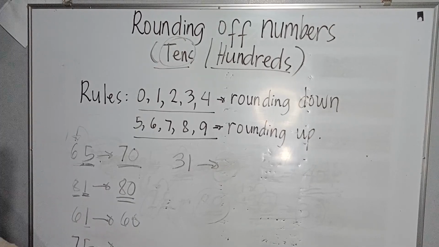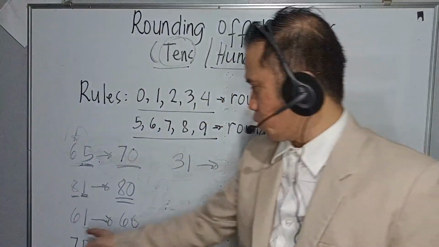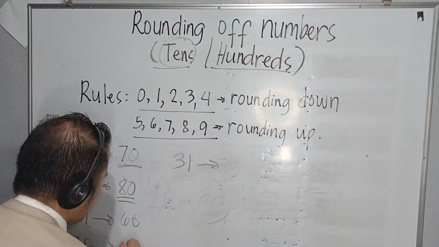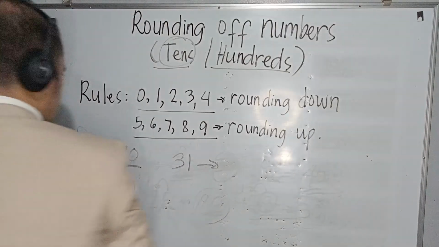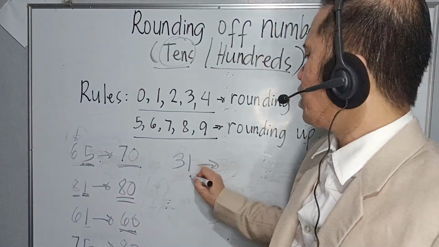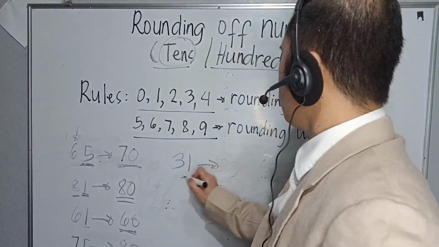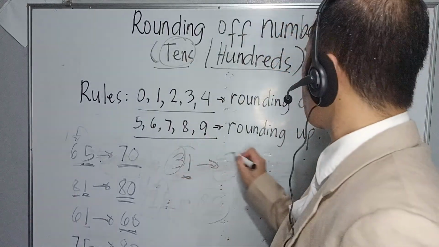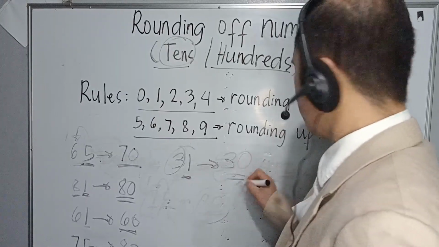75, since 5 is rounding up, 5 will add 1 to 7, so 7 becomes 8. So we have 80. Next is 31. 1 is rounding down, so the tens digit 3 remains and 1 becomes 0.